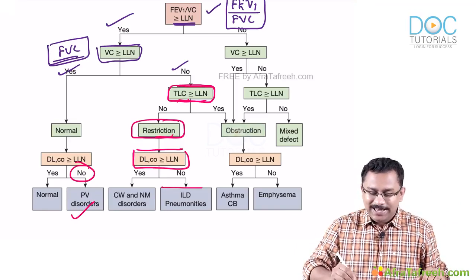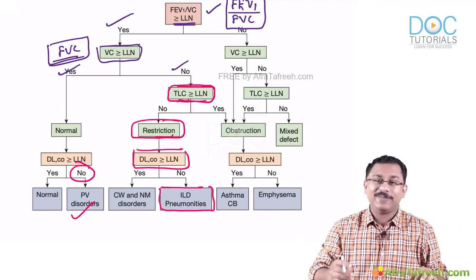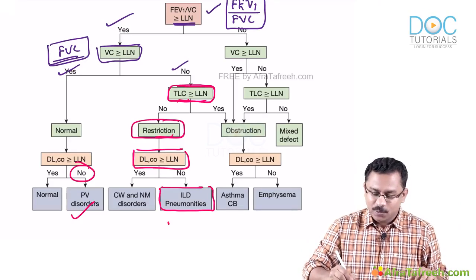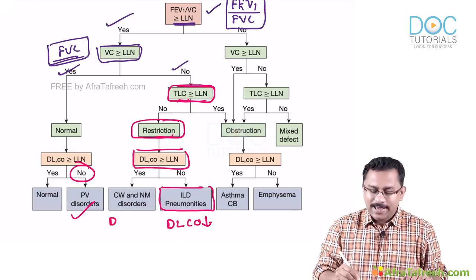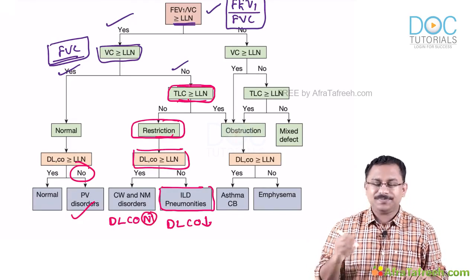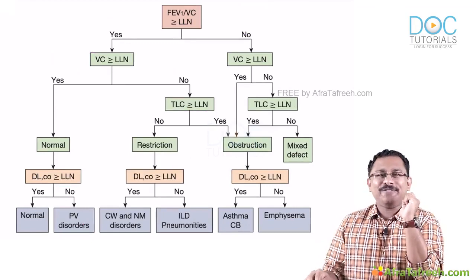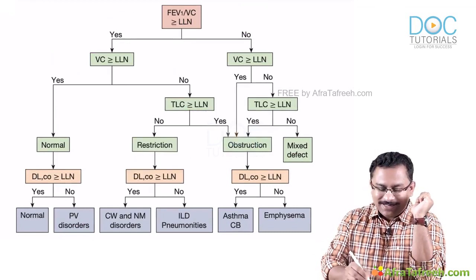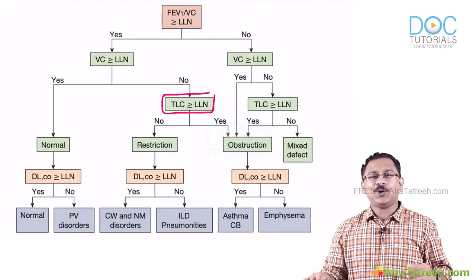So in ILD, interstitial lung disease, as well as pneumonitis, you will find that the DLCO is low, whereas in chest wall and neuromuscular abnormalities, the DLCO is normal. Very clear? Clear?